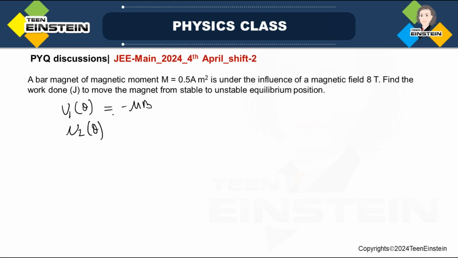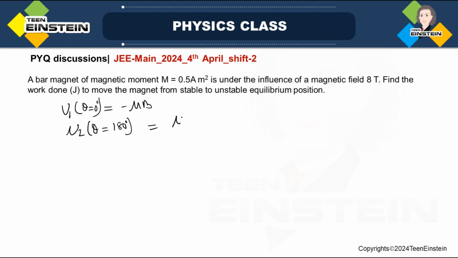Let me write this as theta is equal to 0 degree, and this is pi, or 180 degree, when I am writing in terms of degree.